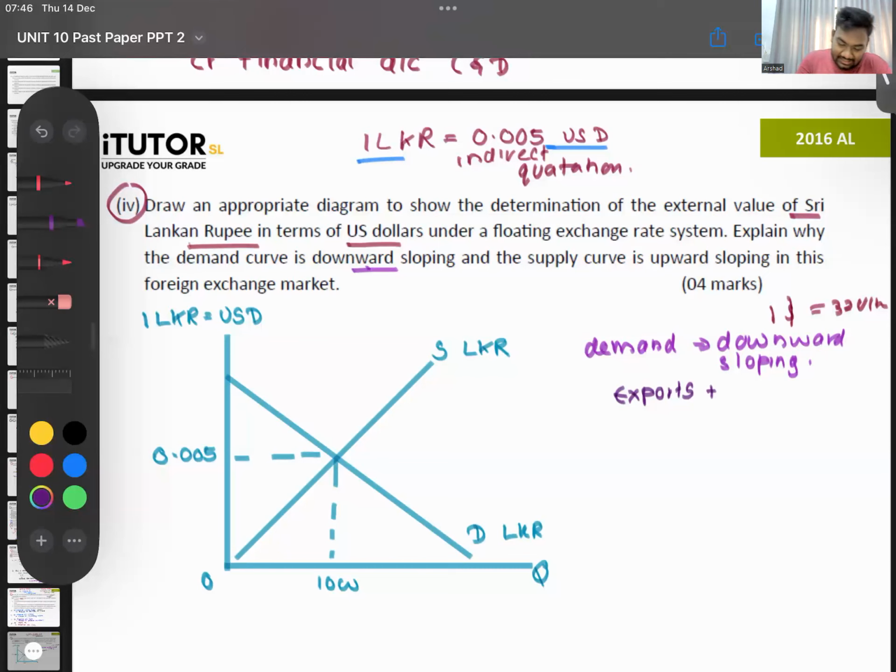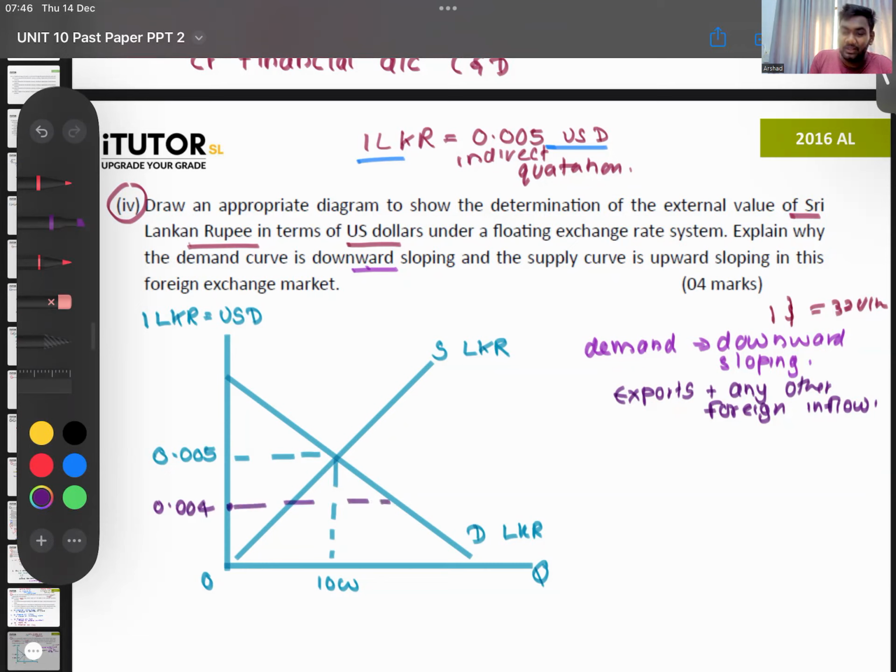So plus any other foreign inflow. Whenever there is a foreign inflow into the country, the rupee will be demanded. Start off your answer like that. Then look at this. You can say when the value of the rupee goes down, let's say 0.04. So now what has happened?